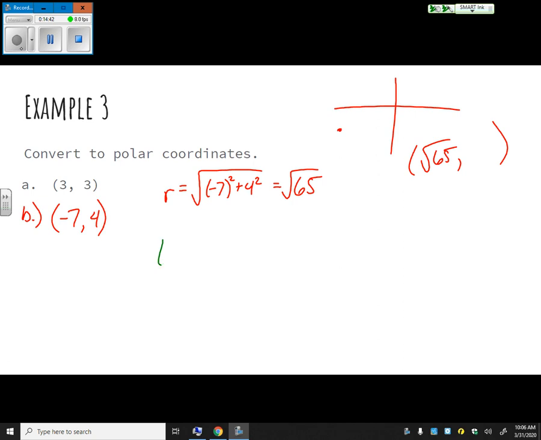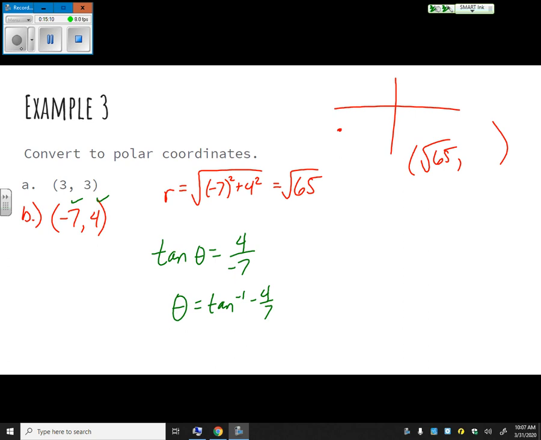The tangent's going to be what I'm afraid it's going to throw you guys off. Again, it's y over x, 4 over negative 7. So that means I'm going to have to take tangent inverse of negative 4/7, because negative 4/7 is not one of my nice ratios that I've been playing with. Now, my calculator is still in degrees from doing law of sines, law of cosines, and I think it's going to want it in radians.